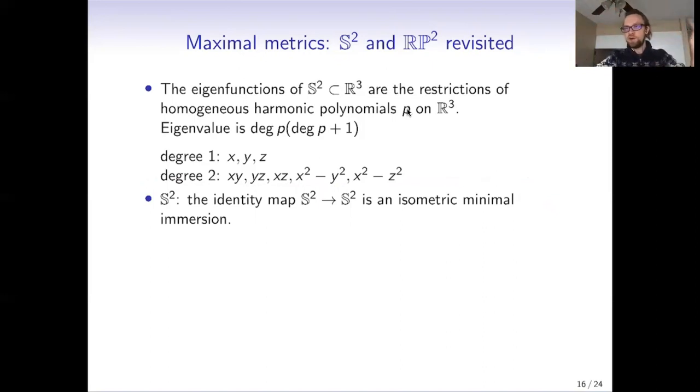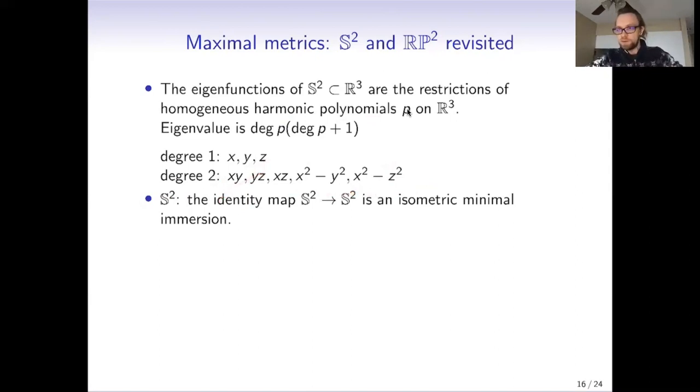So in particular, eigenfunctions on RP2 are eigenfunctions of S2 which survive this projection, right? So which are invariant under the antipodal map. So the antipodal map sends x to minus x, y to minus y, z to minus z. So the polynomials that survive are exactly polynomials of even degree. Right? So the first eigenspace on RP2 is spanned by those functions.